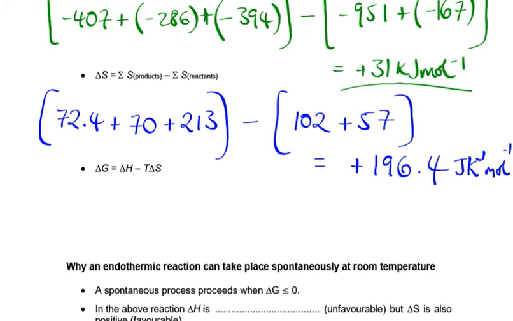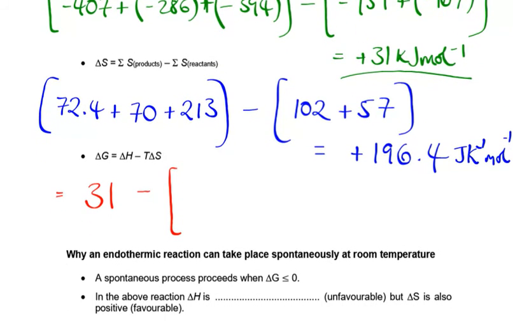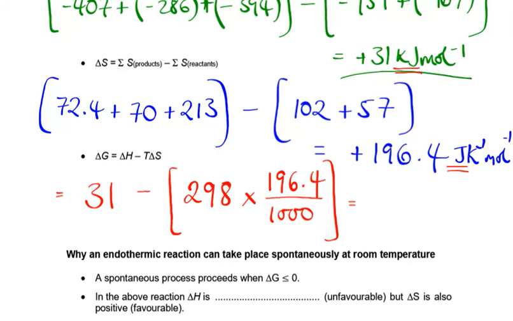And so to combine all the data that we've got, to work out delta G, we've got delta H, so that's just 31, and we're subtracting the temperature times delta S. Going back to the top of the page we can see the temperature is 298 Kelvin, and the temperature needs to be in Kelvin, so that's all good, and we're multiplying that by delta S, which was 196.4, but remember that was in joules, whereas the enthalpy is in kilojoules, so divide your entropy value by 1000 and see what you get.